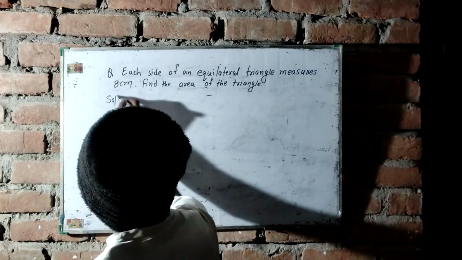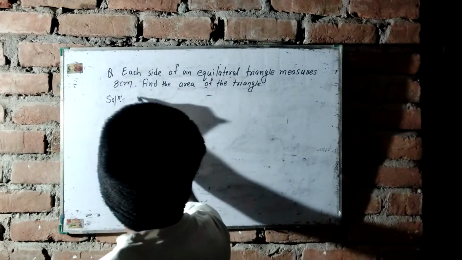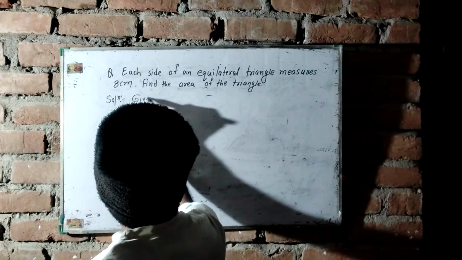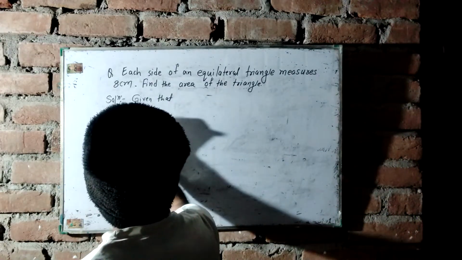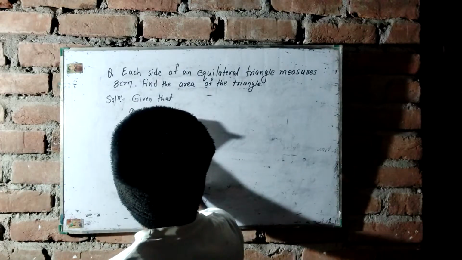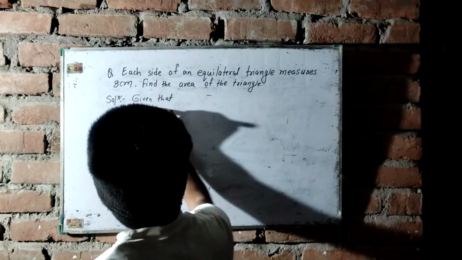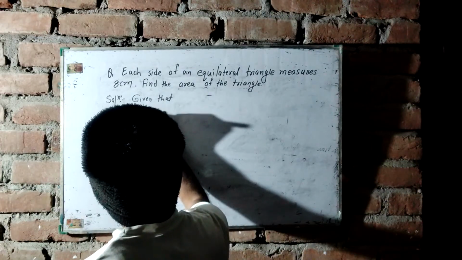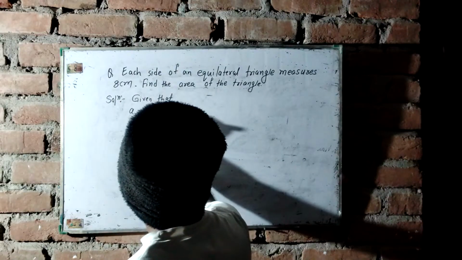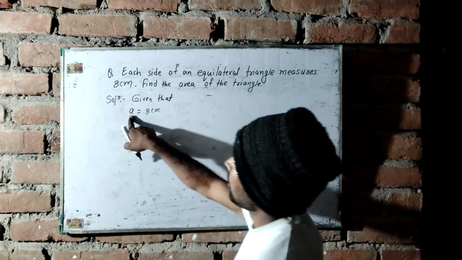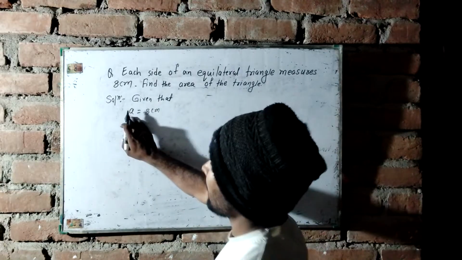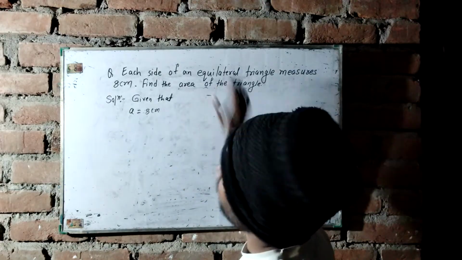Solution. Have a look, guys. Solution of this problem. Given that a is equal to 8 centimeter. Here, we consider a as a side of an equilateral triangle.